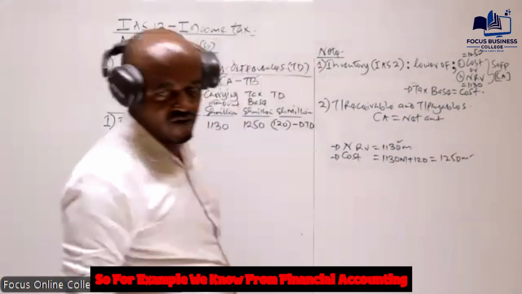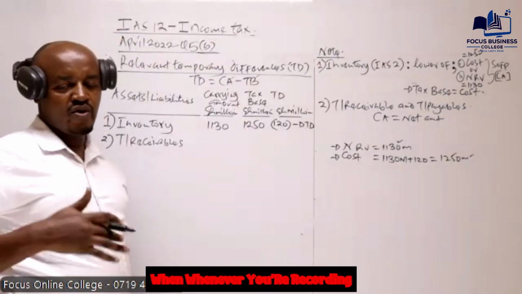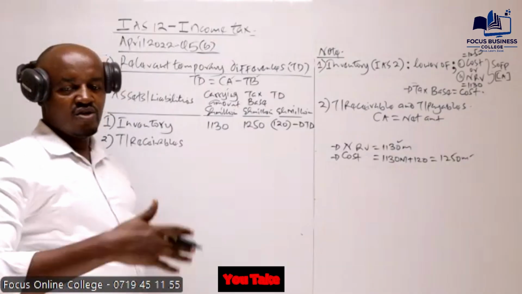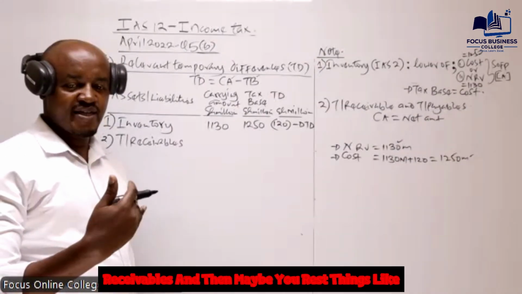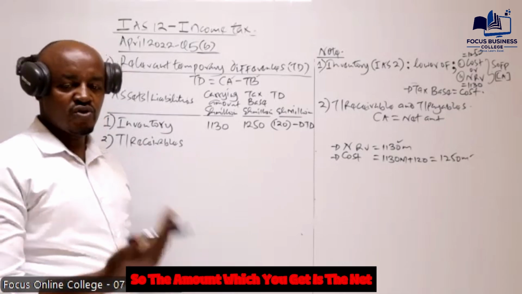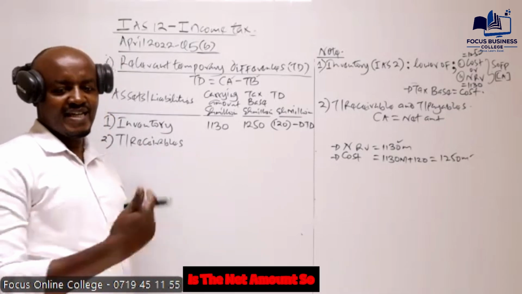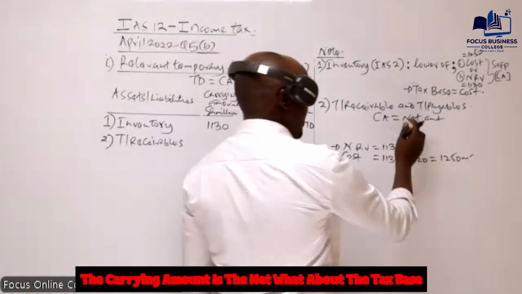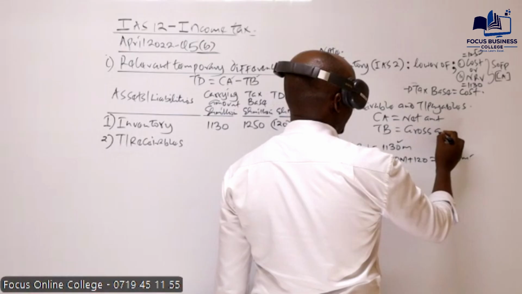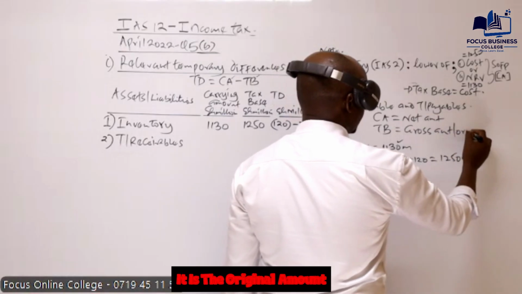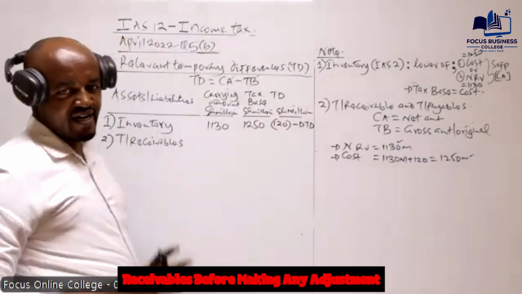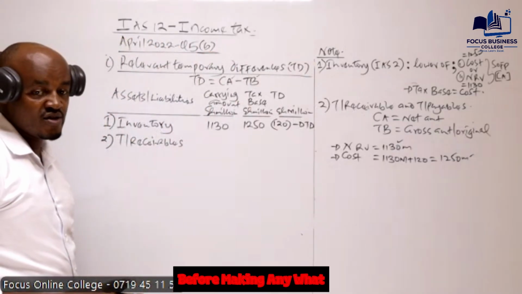For example, we know from financial accounting, whenever you're recording receivables in the statement of financial position, you take receivables and then less things like the allowance or the provision for doubtful debt. The amount you get is the net amount. So the carrying amount is the net. What about the tax base? The tax base is the gross amount. It is the original amount of receivables before making any adjustment.